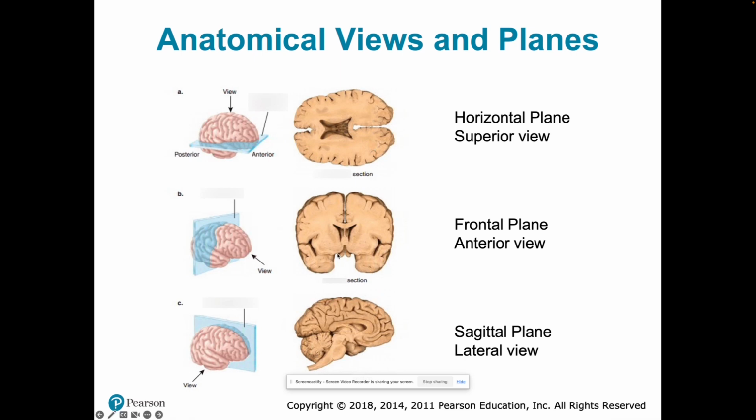Somewhat more common are the frontal planes and sagittal planes like this, where you can see the interior of the brain either from the front or from the side. This allows you to see things like the corpus callosum here, right, the inside structures of the brain that would otherwise not be viewable from the outside.